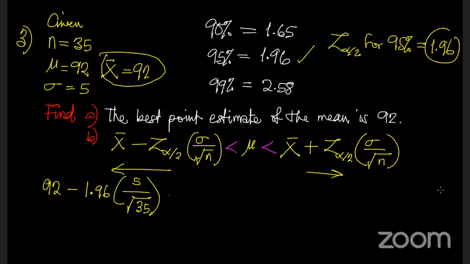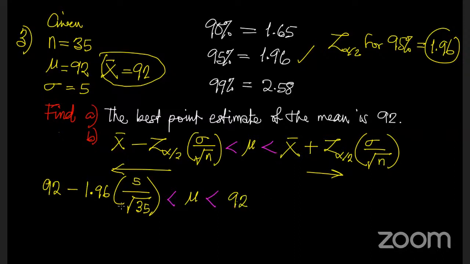This is less than this, which in turn is less than, what is the mean here? 92. The given mean is 92.